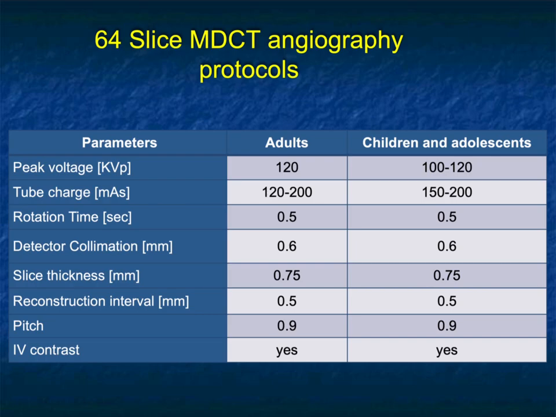We mentioned the protocols. Again, this is scanner dependent, but I do like sub-millimeter thick sections. Typically, we use 0.75 and reconstruct at 0.5 millimeters or 0.6 millimeter intervals. Depending on your scanner, the speed for doing the upper extremity could be just literally a few seconds.